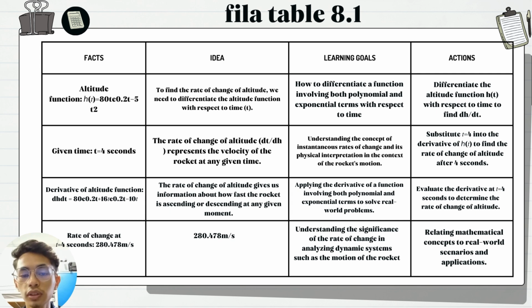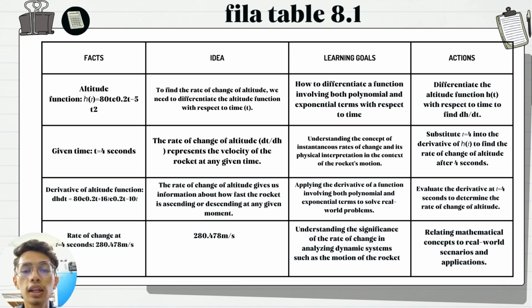For the learning goals, applying the derivative of a function involving both polynomial and exponential terms to solve real-world problems. For our action, we can evaluate the derivative at t equals 4 seconds to determine the rate of change of altitude.